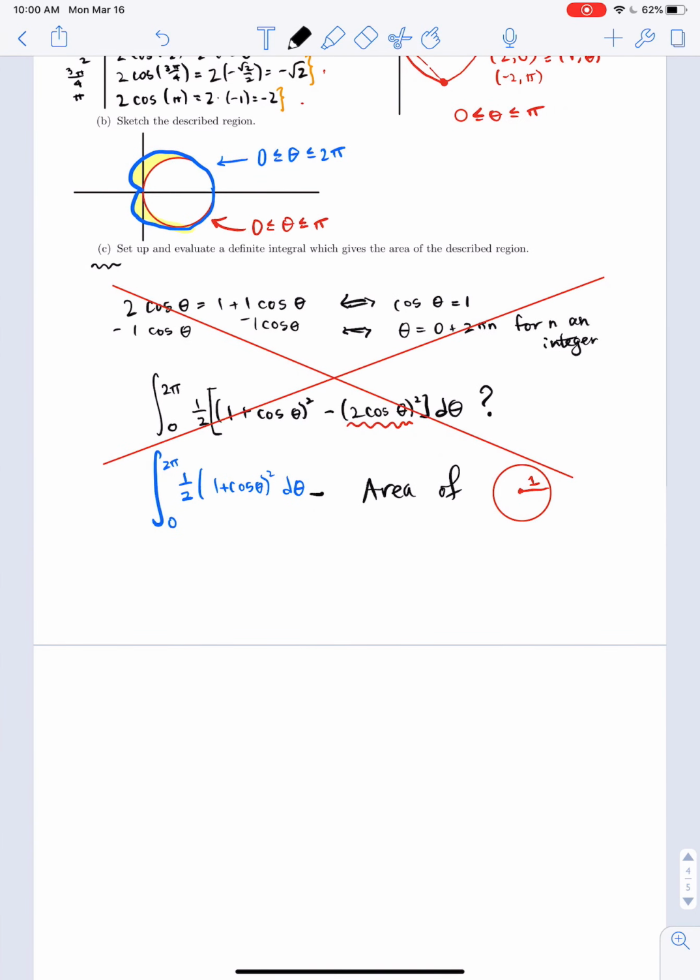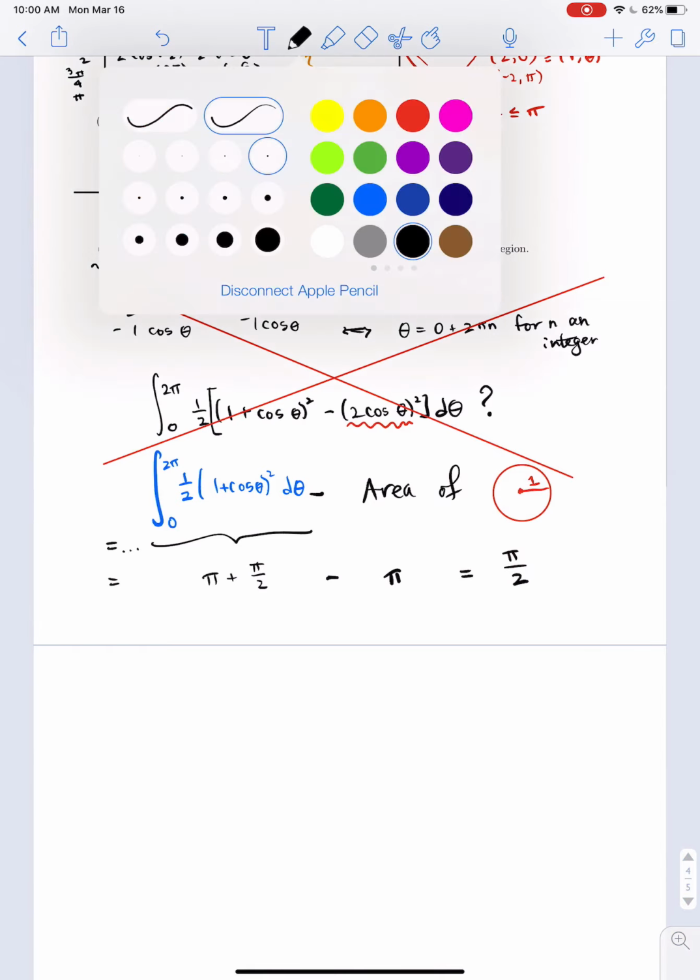Great. Okay, so this ends up being, again, some steps here, but this ends up being pi plus pi over 2. And of course, the area of a circle of radius 1 is pi times 1 squared, so we'd be subtracting pi. So the resulting area that lies between the red and blue curves is just pi over 2.